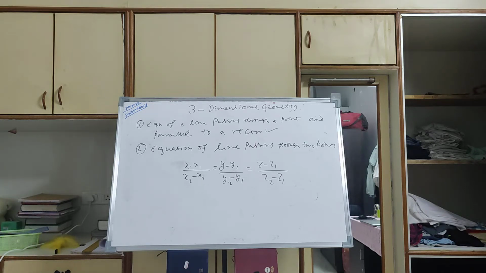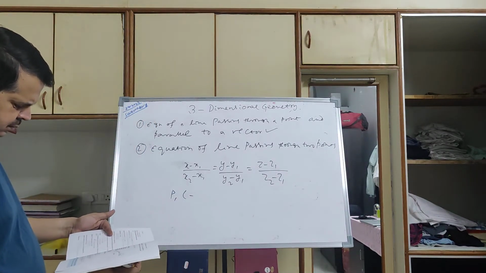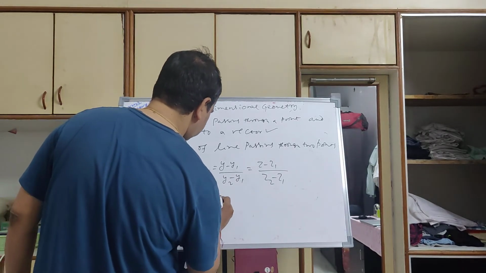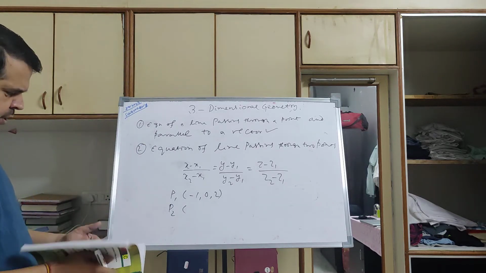Let us do one numerical. Find the Cartesian form of the equation of the line passing through point P1 equal to minus 1, 0, 2, and another point P2 equal to 3, 4, 6.